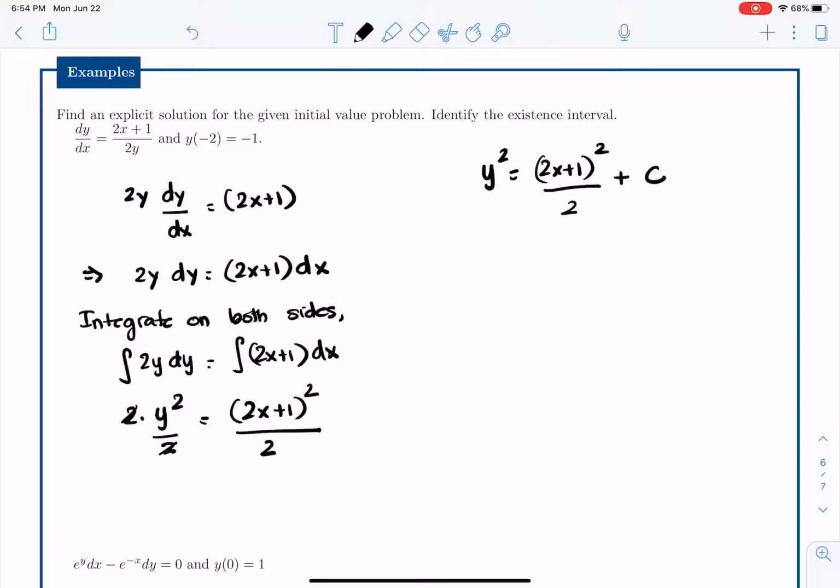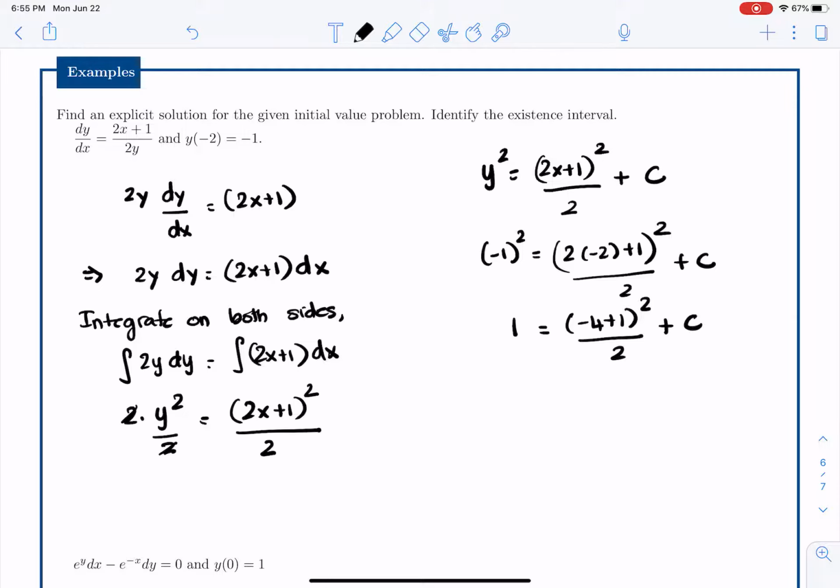So there is a constant of integration. So when the value of x is negative 2, the value of y is negative 1. So we plug in the condition. So 1 is equal to negative 4 plus 1 squared over 2, which is 9 over 2 plus c. Move the 9 over 2 to the other side, we will get c to be negative 7 over 2.